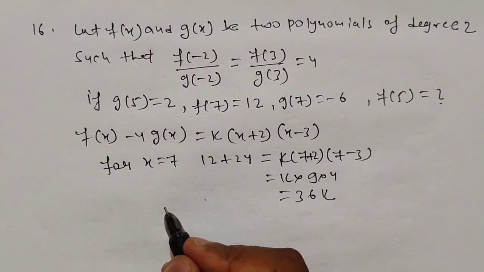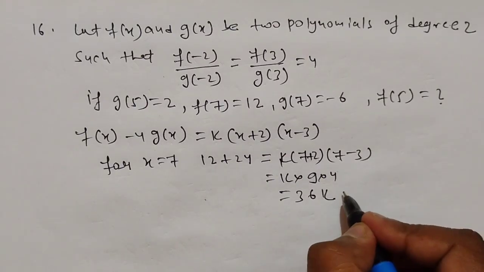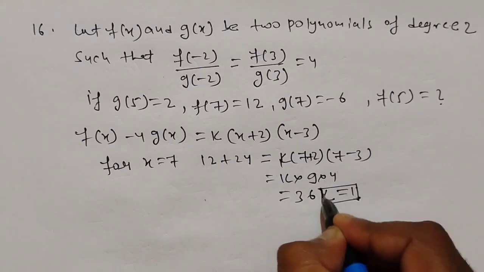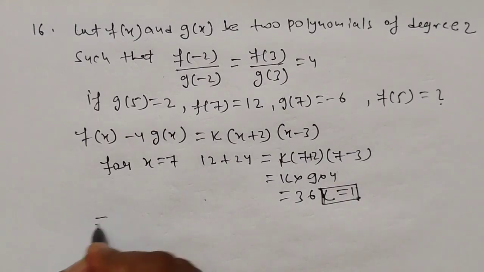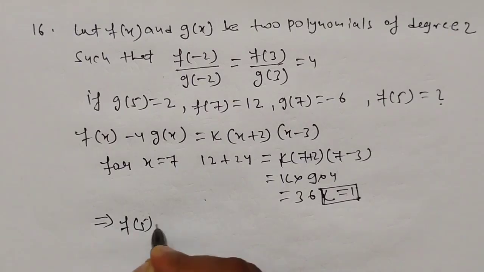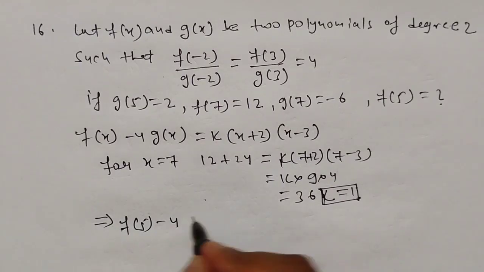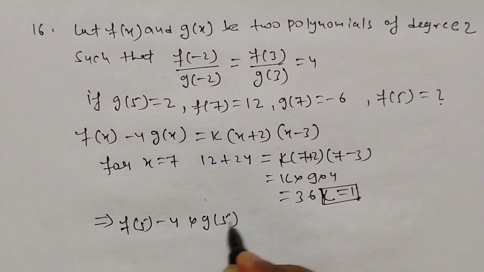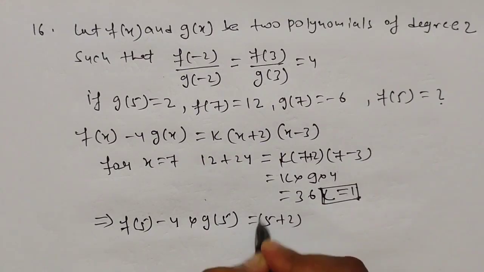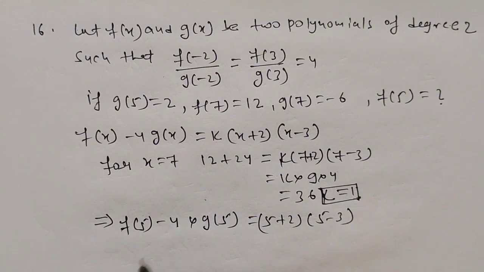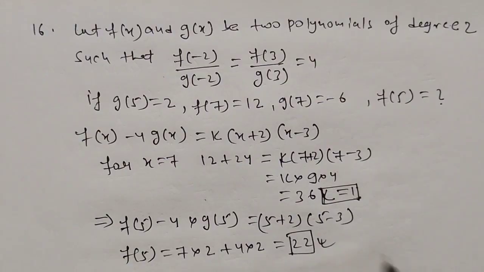Now we have to use the value of k equals 1, and this will imply f of 5 minus 4 into g of 5 is equal to 5 plus 2 into 5 minus 3, and now f of 5 is equal to 7 into 2 plus 4 into 2 is equal to 22. So this is the final value of f of 5 is equal to 22.